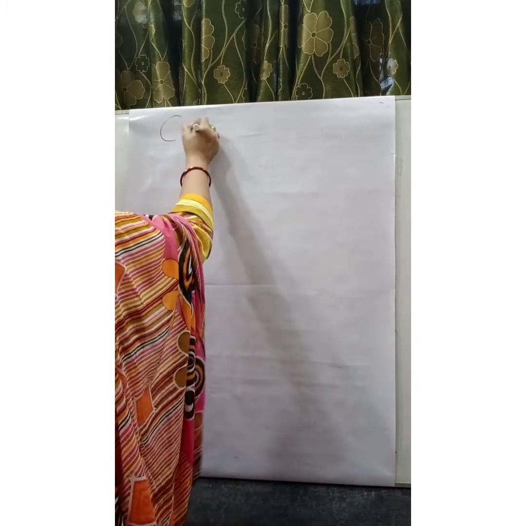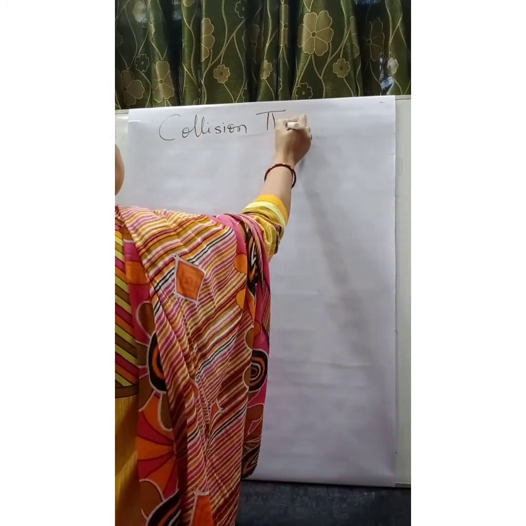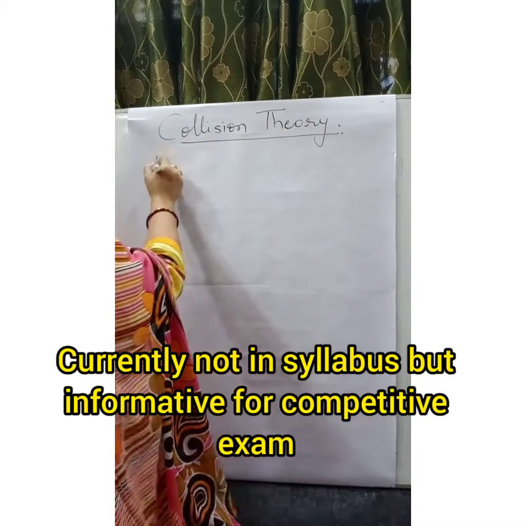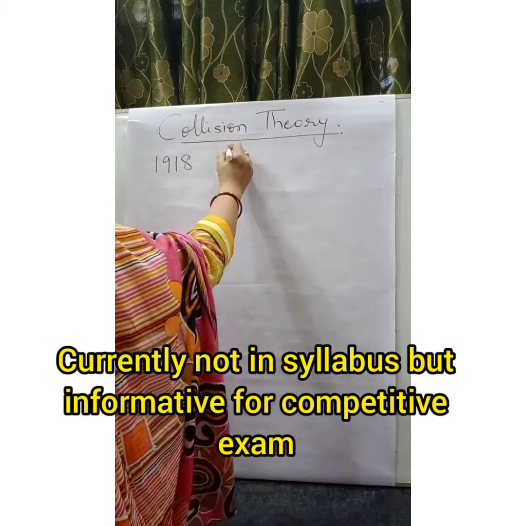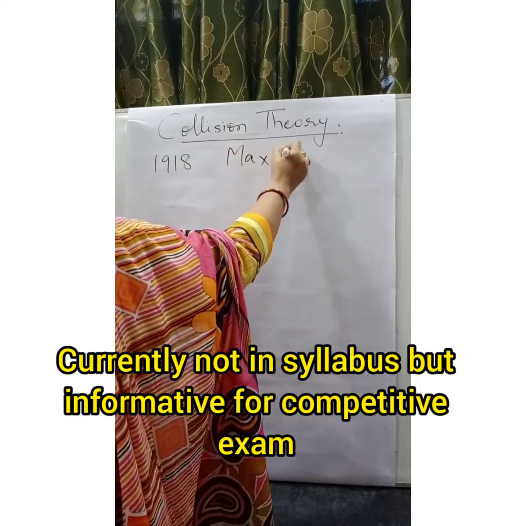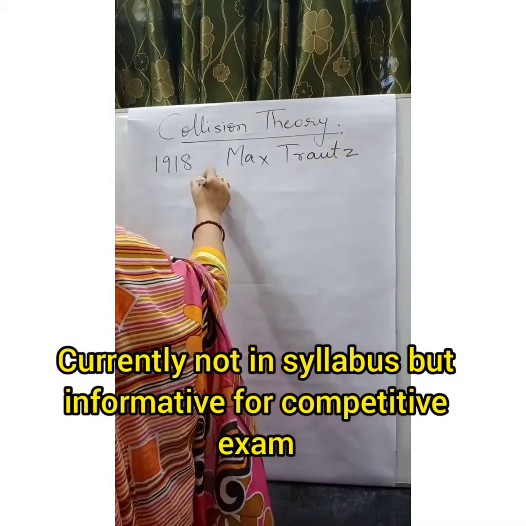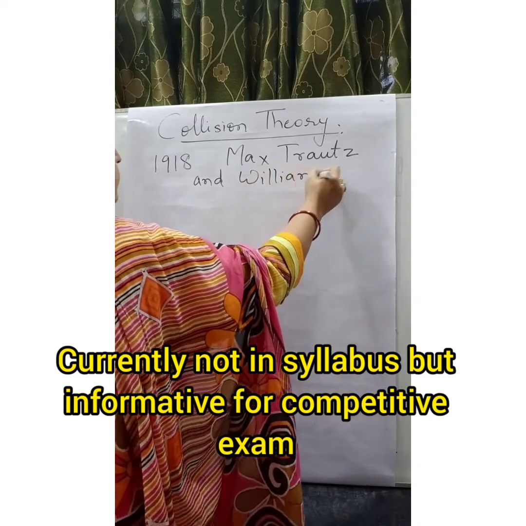Collision theory. Collision theory was given in 1980 by scientists Max Trautz and William Lewis.